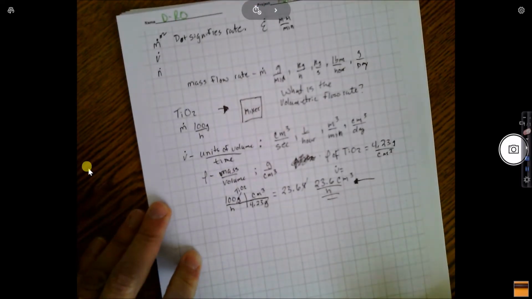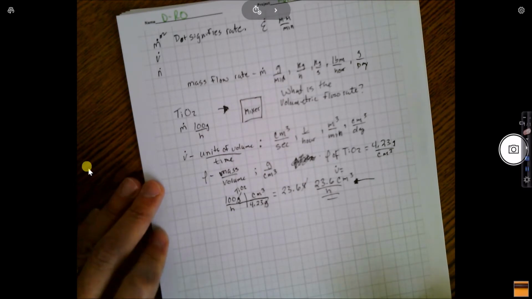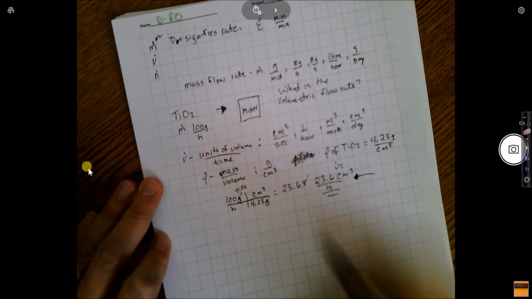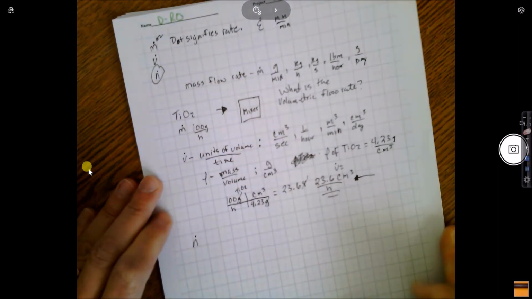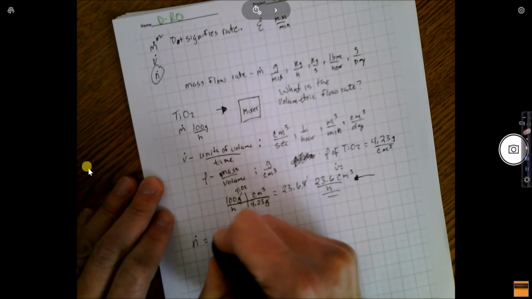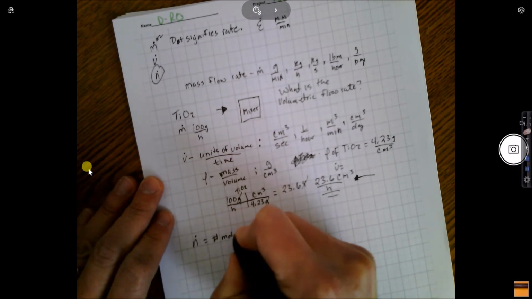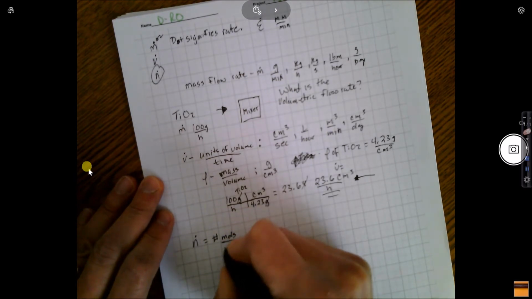Now, the next flow rate that we're interested in is molar flow rate. Okay, so N with a dot on top is number of moles per time.